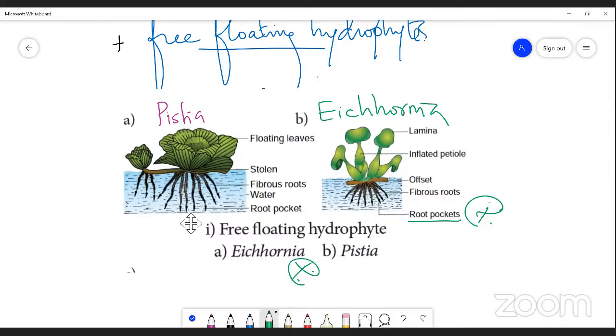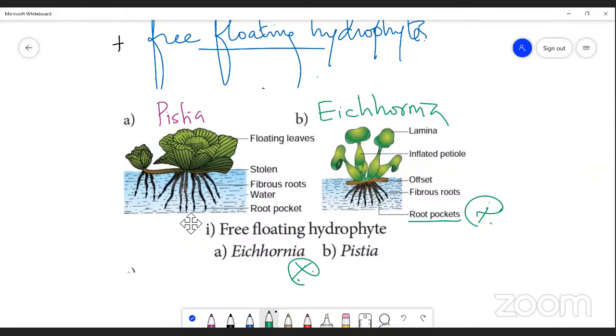And what is the difference between Pistia and Eichhornia? Eichhornia has a well developed root covered by a root pocket. And in Pistia, the root is not developed well, but it is freely floating on the surface of water. And both of them have leaves and aerenchymatous tissue.